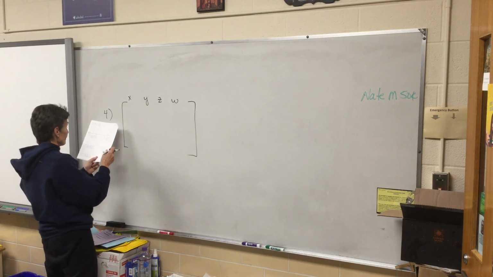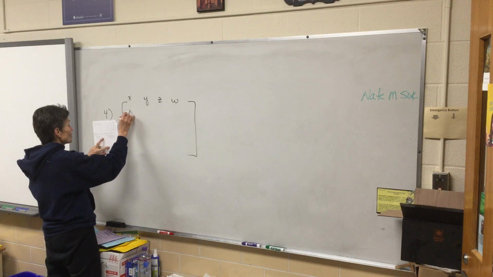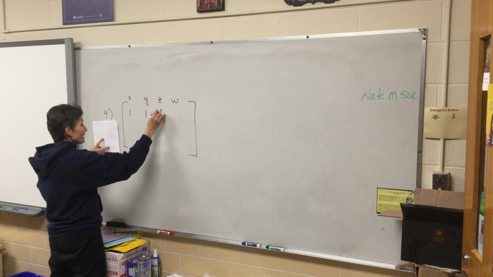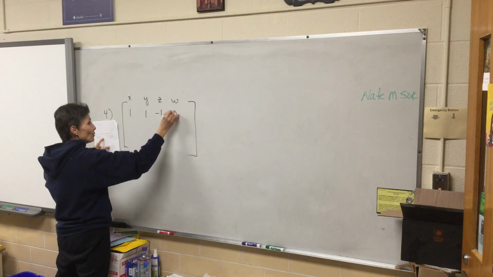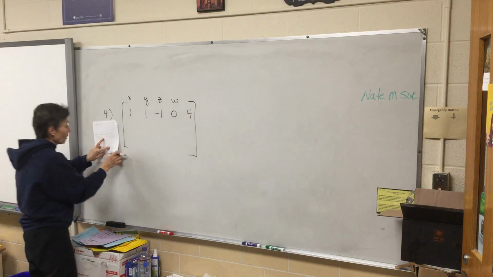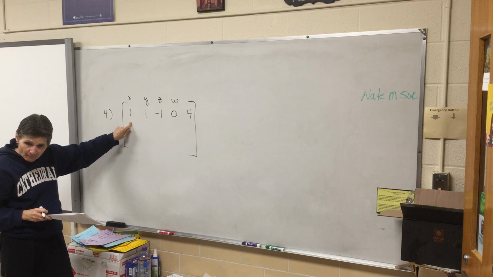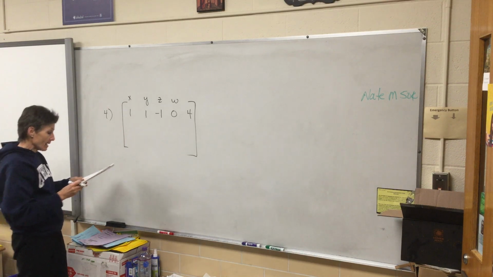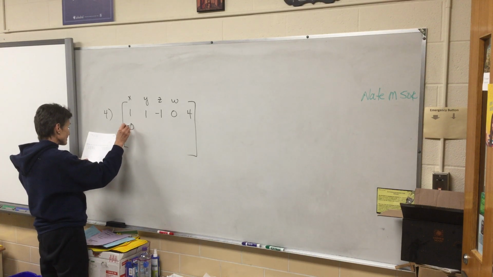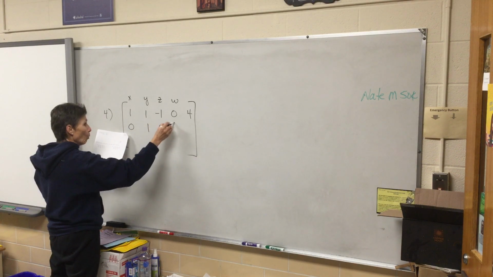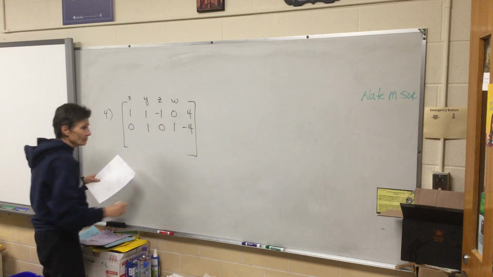So here we go. First equation, 1x, 1y, negative 1z, no w's, and a 4. Now, I want everybody to look at that and make sure you understand why I wrote those numbers in that order. All right, the next one has no x, 1y, no z, 1w, and a negative 4.